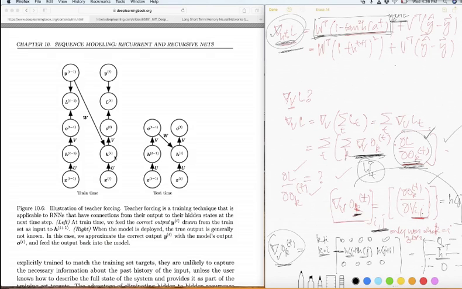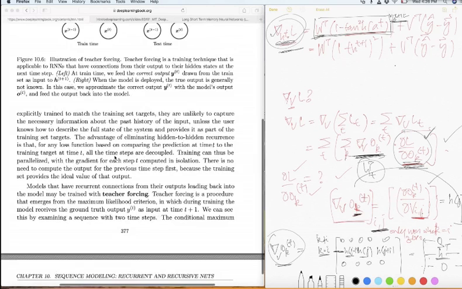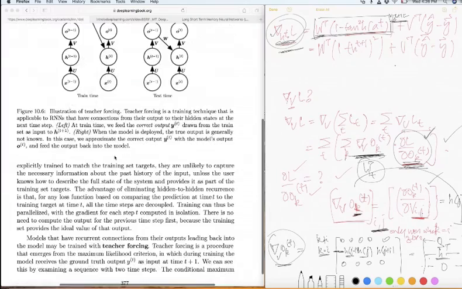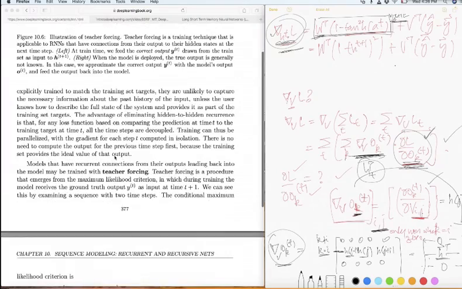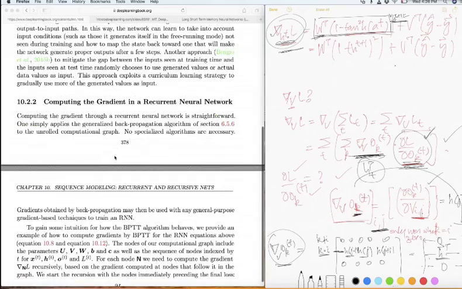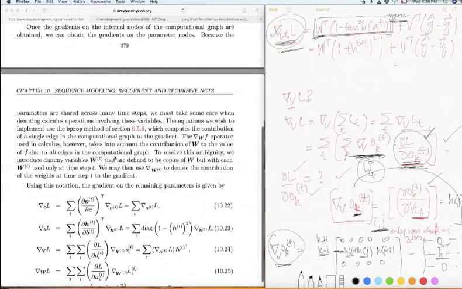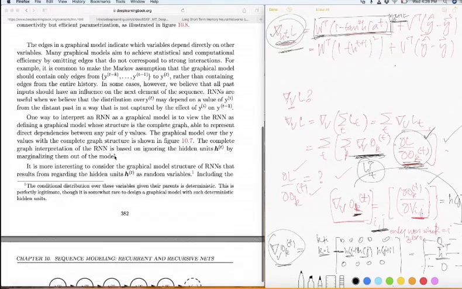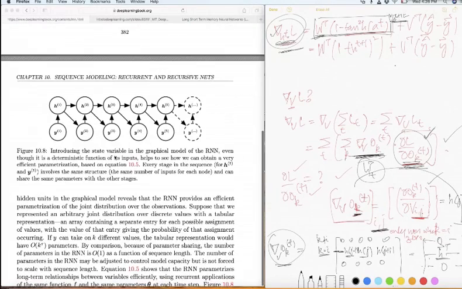It just depends on your application. Okay, so that's all. There are a lot of details of different architectures in this particular chapter. I won't go further into these details. Whatever I have given you already should be enough for you now to go ahead and read the contents of this chapter.